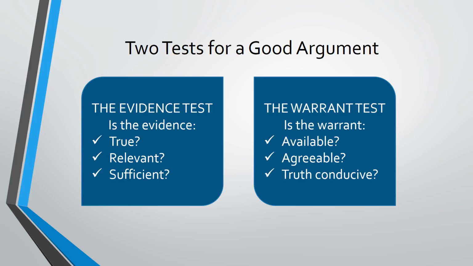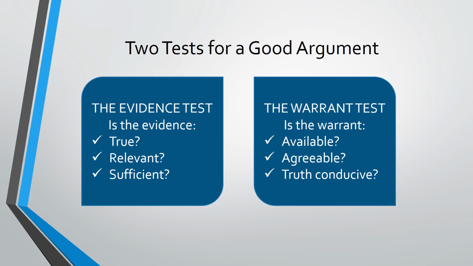Or, if it seems clear that the warrant is not available to the audience without effort, the question of availability asks if the argument states the warrant clearly for the audience. So in order to be available, the warrant should be obvious or explicit. And if there is any doubt about whether or not it's obvious, it should be made explicit in the argument.